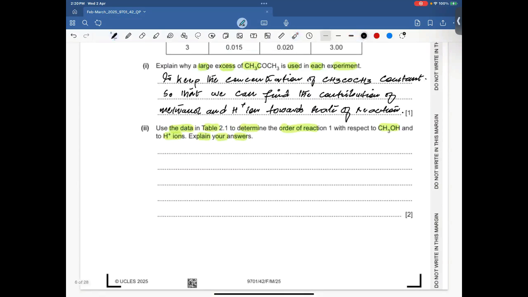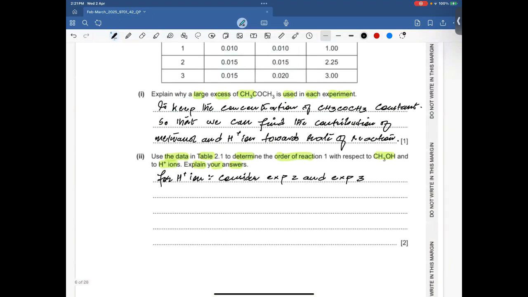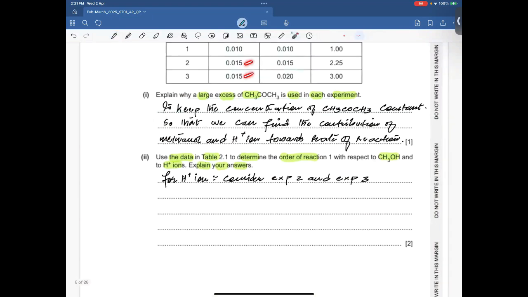So for hydrogen ion, consider experiment 2 and experiment 3, because in these two experiments, the concentration of methanol is constant, right?